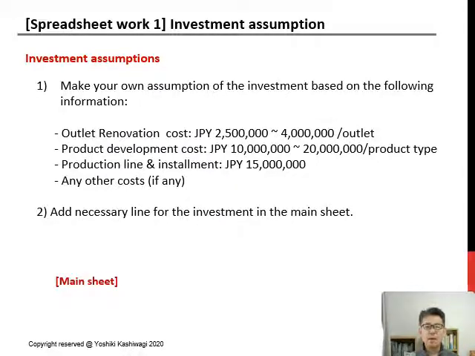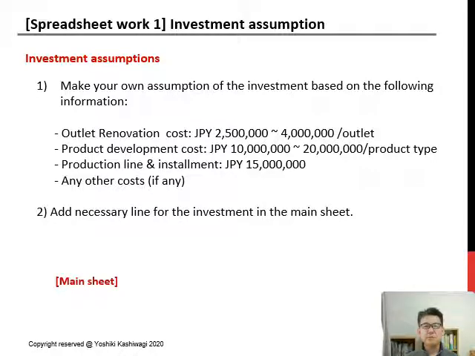And if you think you need to break down the investment, if you have some components or factors of the investment, you can add lines as you like. You don't have to have just one single line for the investment. So add some lines or a line in your Mainsheet.